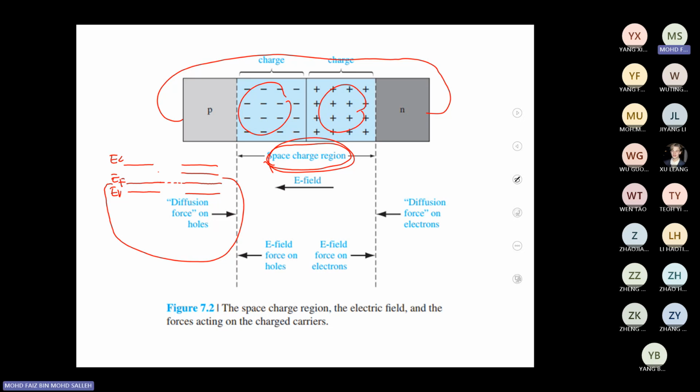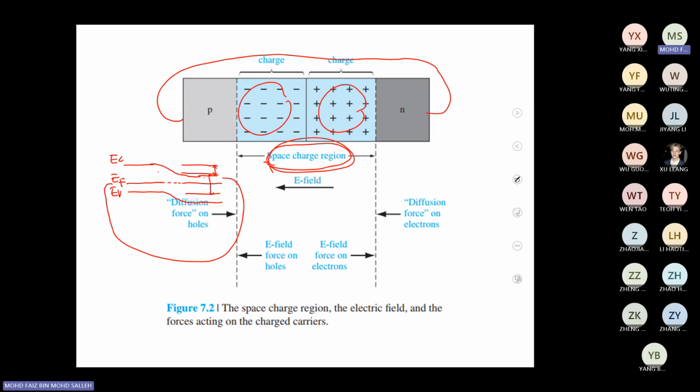And what happens to EC and EV is that they need to keep this distance, because outside this region is still the neutral N-type. So this EC will go down to here and this EV will go down to here, so that you can see the band is bending. Looks like that.